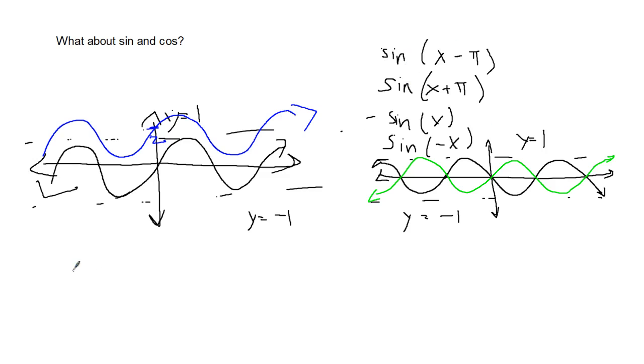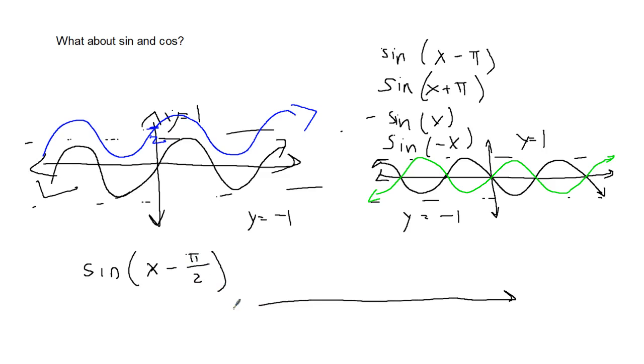If we do sine of x plus pi over 2, actually no, let's do sine of x minus pi over 2. We'll move the graph a little bit this way, so it becomes something like this.